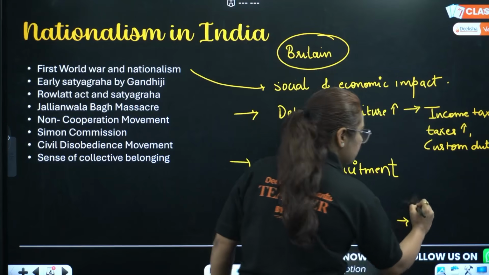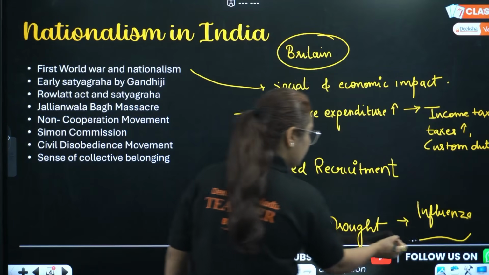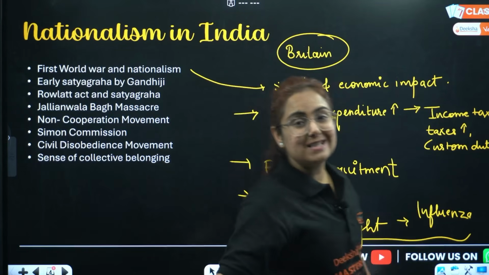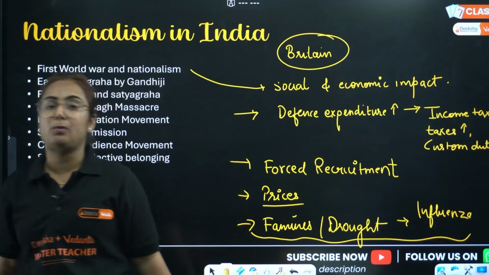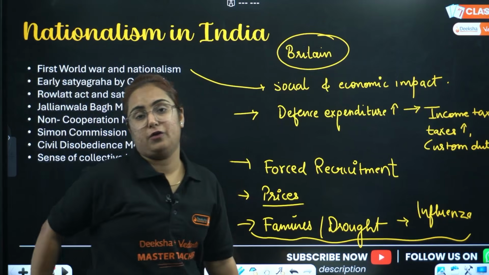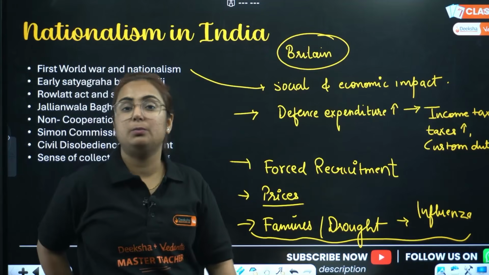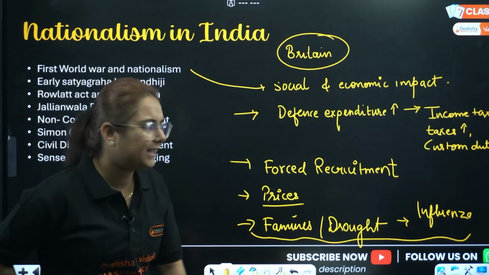Other than that, there was an influenza epidemic. All this led to the death of millions of people. 12 to 13 million people perished in the Indian population during the First World War. That clearly indicates the work the British government was doing for India. Get it? Very good.